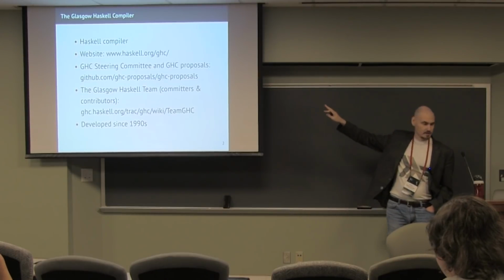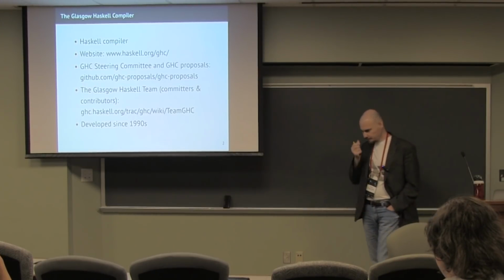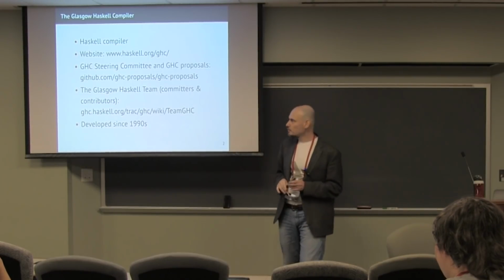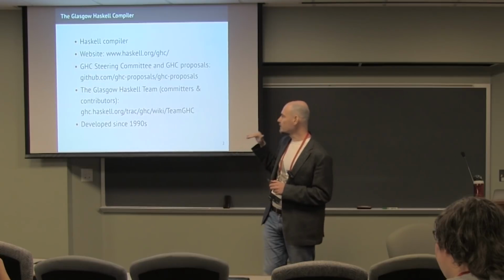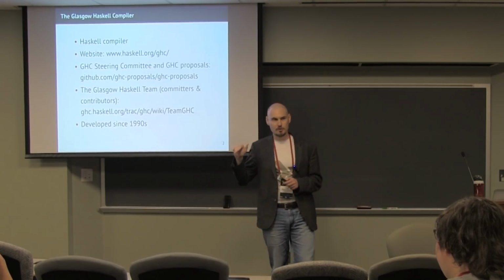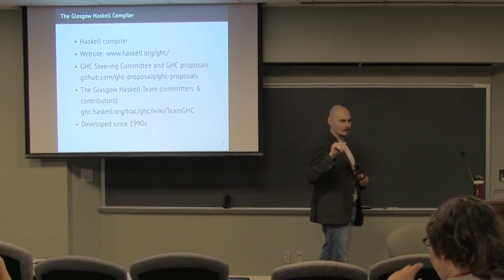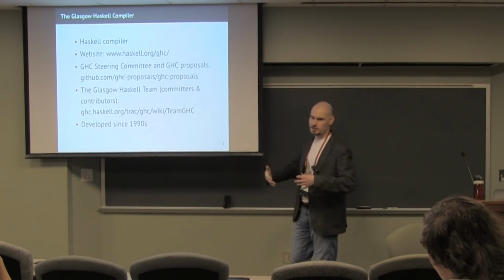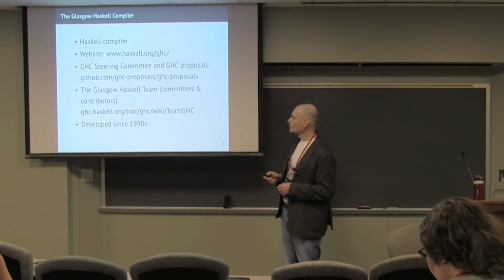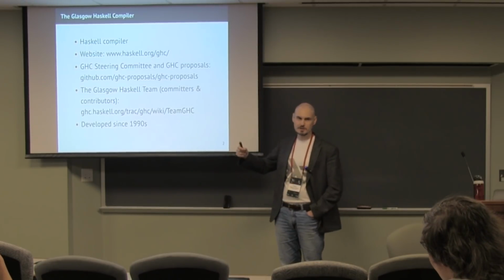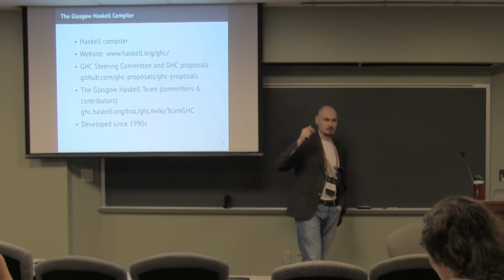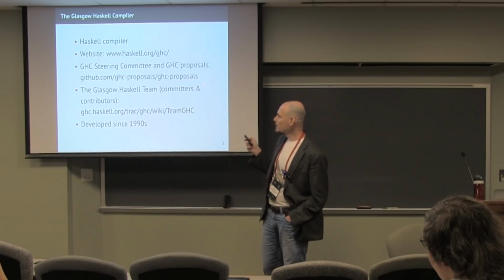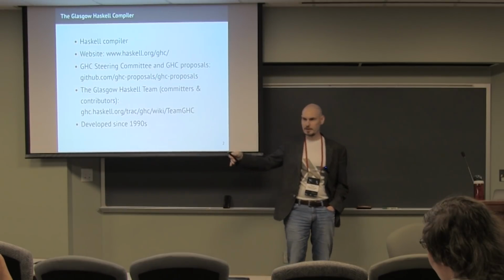The main website is right there, and there are several groups of people who run this compiler. The most important one is the GHC Steering Committee. It's about developing Haskell, about adding new features to the GHC compiler. So there is a process of proposals. If you want to deliver some feature to GHC, you just post a proposal on GitHub, in the form of a pull request.